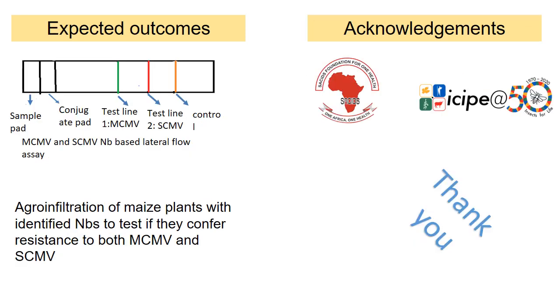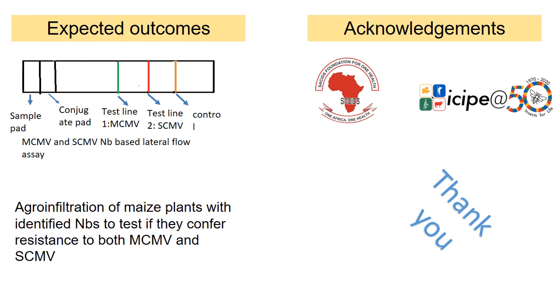From the positive nanobodies identified, I'll test their specificity and affinity against both viruses, MCMV and SCMV, and test their consistency and performance against the commercially available immunoassay kits from Bioreba and Agdia for detection of MCMV and SCMV.